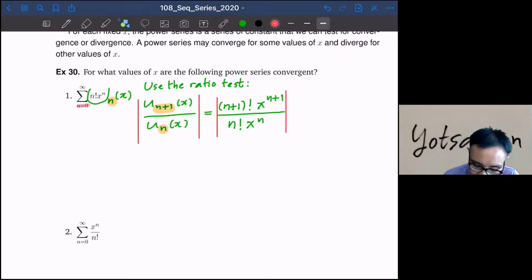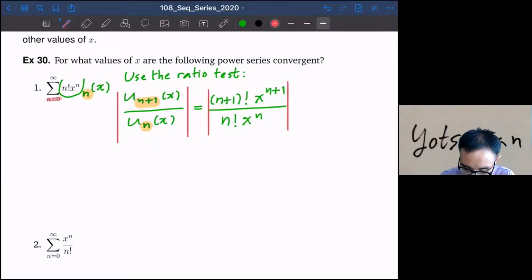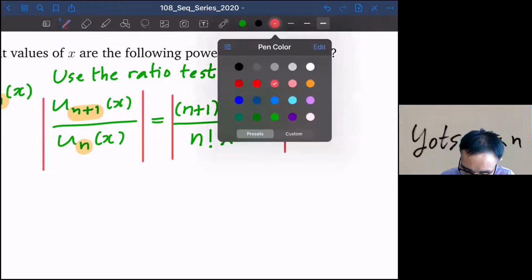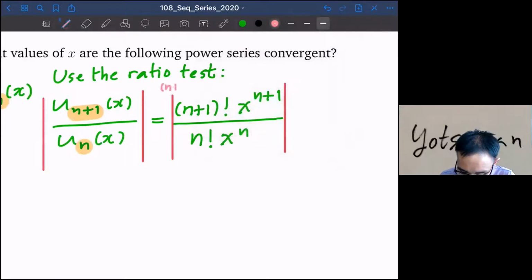Okay, and you just simplify. You can simplify n plus 1 factorial and n factorial. n plus 1 factorial will be n plus 1 times n times down to 2 times 1.